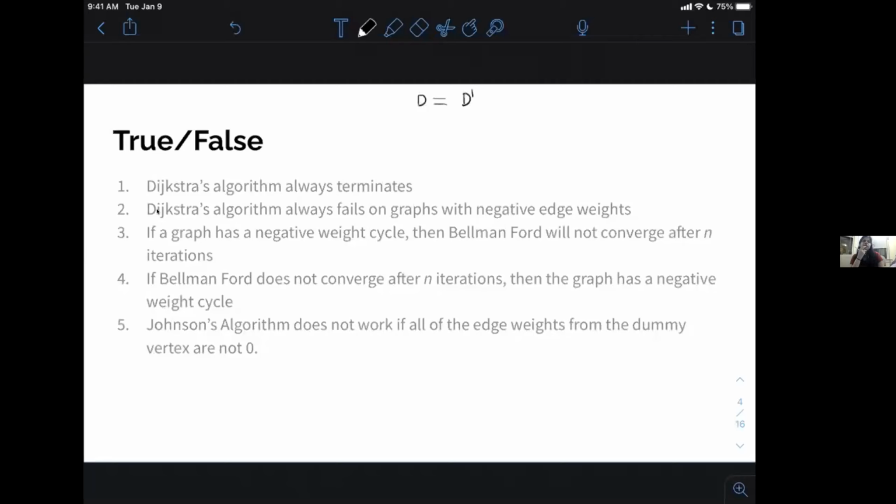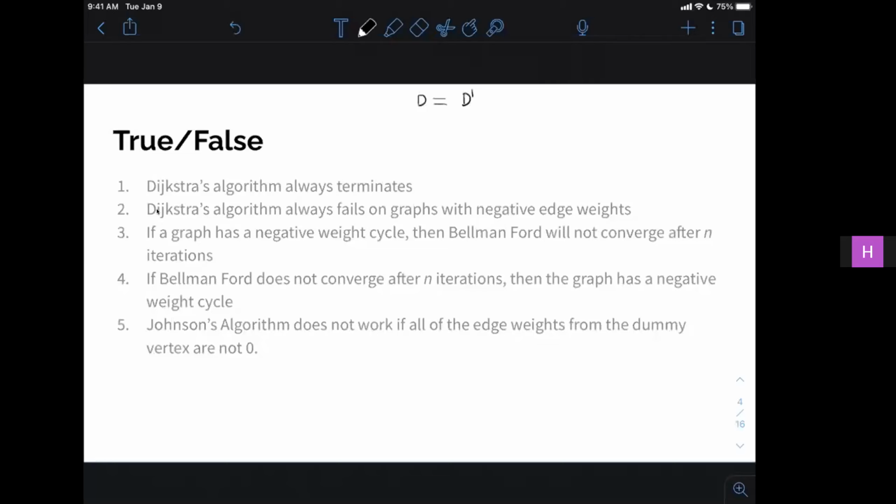So not quite. Adding a constant weight to each edge doesn't work, right? Because paths which have more edges will be overly weighted. You could end up making a path that was the shortest before no longer the shortest because you added too much of the constant to it.